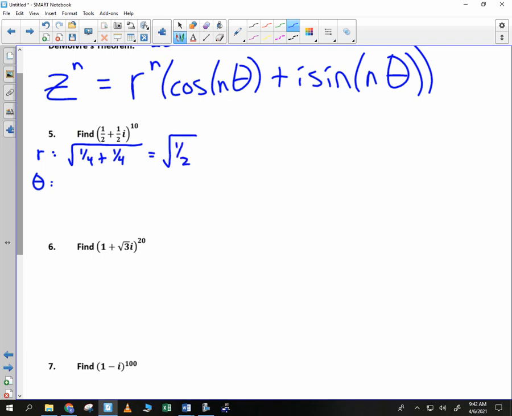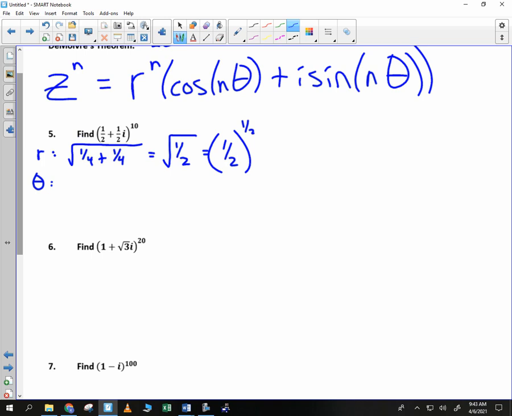Now, before you go crazy, folks, I'm going to write this square root of a half. Isn't that the same thing as 1/2 raised to the 1/2 power? I'm just going to leave it like that for a second, okay? Before I go about trying to rationalize the denominator and all that stuff, I'm just going to leave it like that for a little bit. You okay with that? All right.